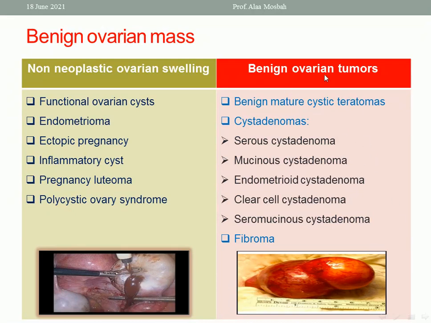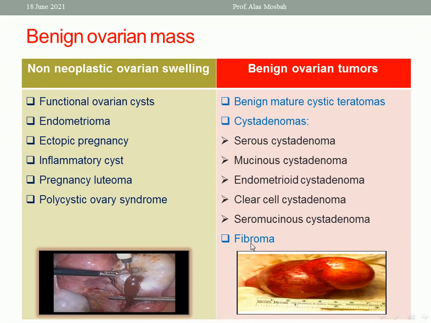On the other side of this table, the benign ovarian tumors will be covered today. The benign mature cystic teratoma, as in this picture, with a yellow capsule, and cystadenoma. Actually, we have 5 types of cystadenoma: serous cystadenoma, mucinous cystadenoma, endometrioid cystadenoma, clear cell cystadenoma, and the seromucinous cystadenoma.